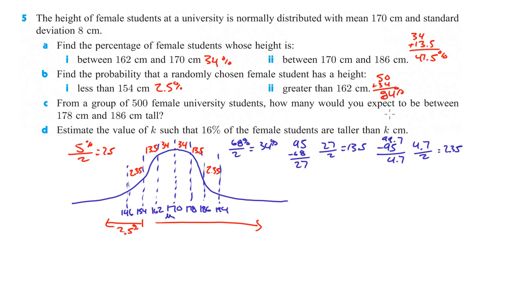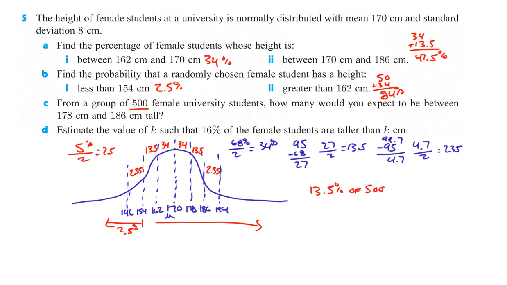So 50 plus 34 is 84%. Okay. C, from a group of 500 female university students, how many would you expect to be between 178 and 186? We would expect 13.5% of the 500 students.